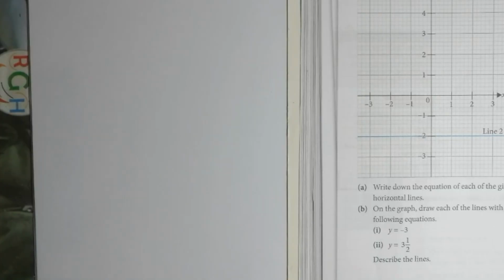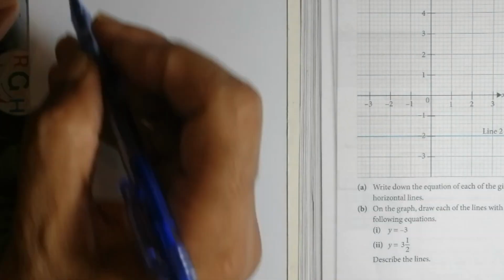For another point, x coordinate is 1 and y coordinate is 6. For this point, x coordinate is 3 and y is 6. So for any point on the line, the y coordinate will be constant, the same, 6 for this line.